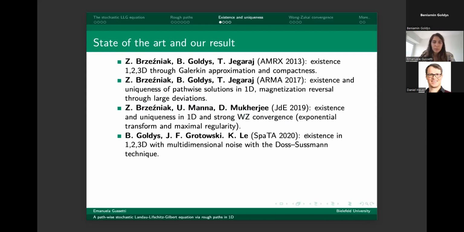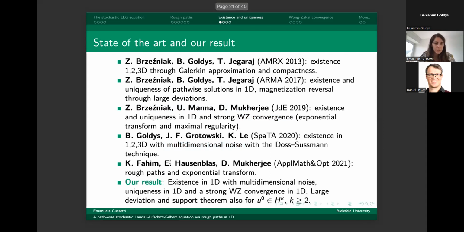There is another paper that was written by Goldys, Grotowski, and Lee, where somehow they solve the problem that the exponential transform has, because with exponential transform, one cannot normally consider multidimensional noises, but they somehow found a way to treat the multidimensional noises still with the transform. And there are 2 papers actually that are answering the question that was posed here by Brzeźniak, Manna, and Mukherjee.